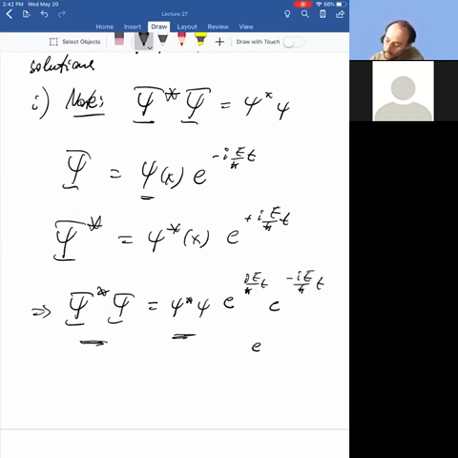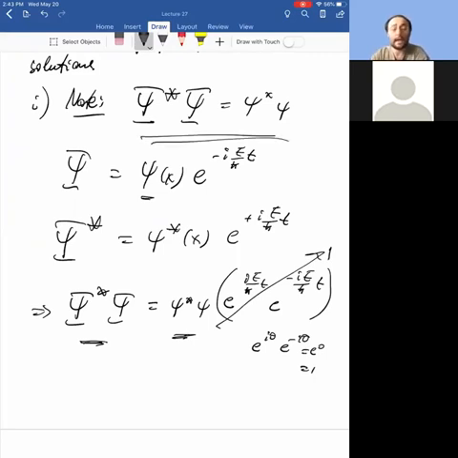So you have e to the i theta times e to the minus i theta equals e to the 0 equals 1. Okay, so this whole darn thing becomes 1. And so therefore you get this thing.